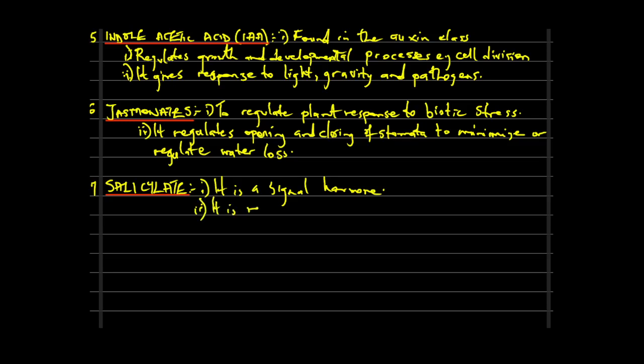It is responsible for plant immunity, the ability of plants to be able to resist certain pests or diseases. This is as a result of the production of this particular hormone in it, the salicylate.